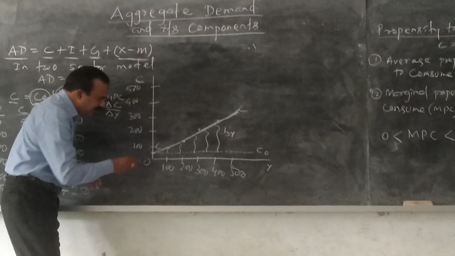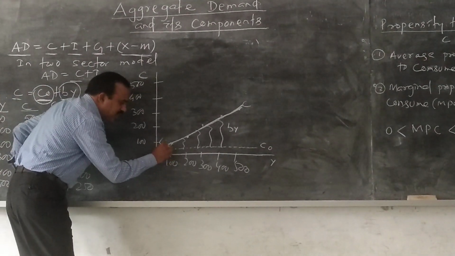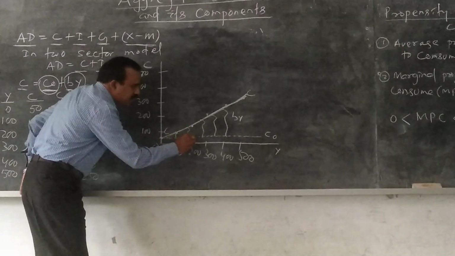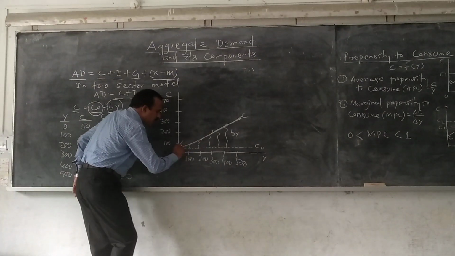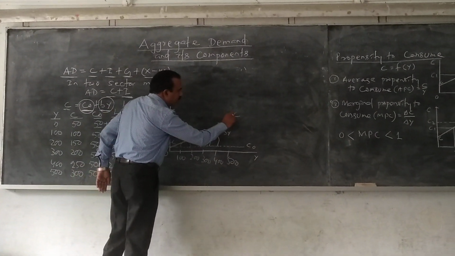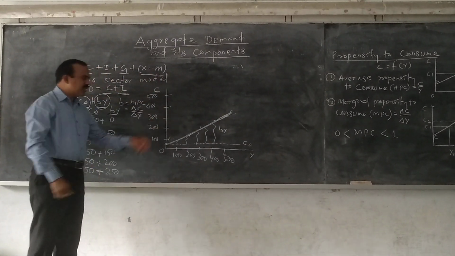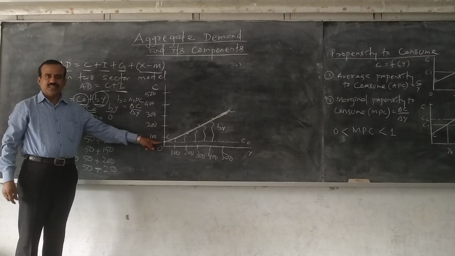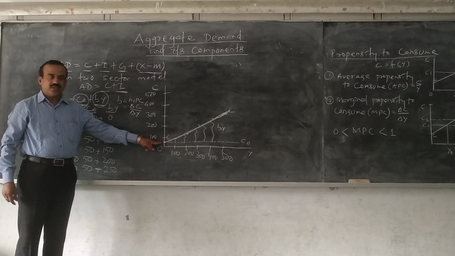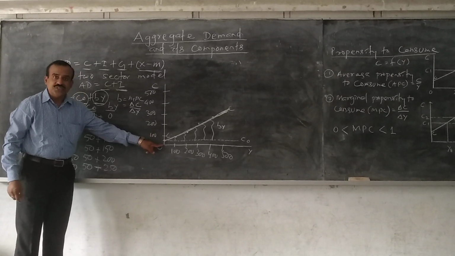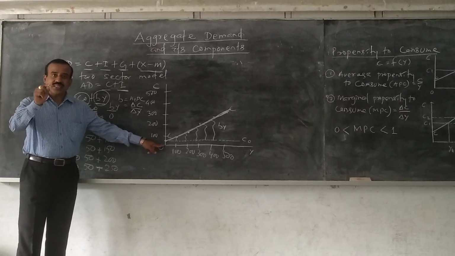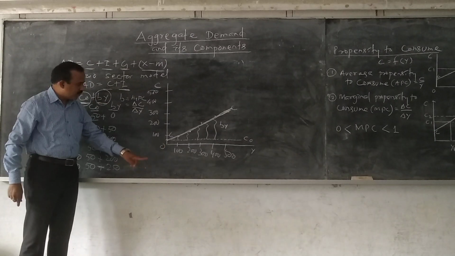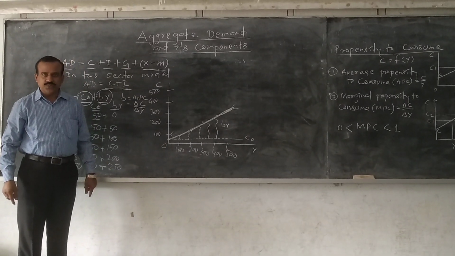And if you combine autonomous consumption plus induced consumption, you get the consumption curve. So the consumption curve always starts from the y-axis. Consumption curve does not start from the origin, because at zero level of income, consumption is not zero.